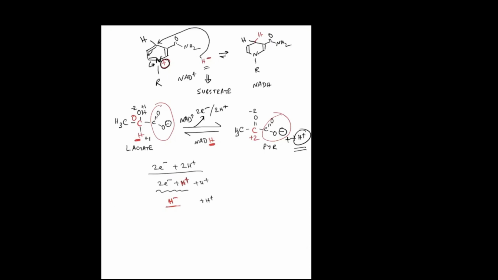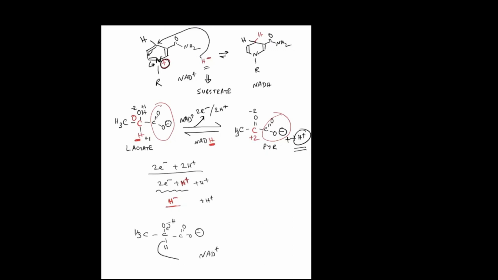So just very briefly, the way this happens, I'm running out of space, so I'll do it here. Something like this would happen. So we got that is going to be pushed and this bond is going to release.